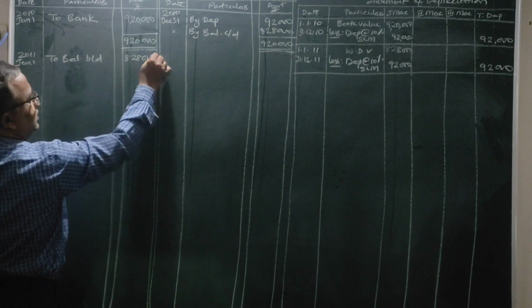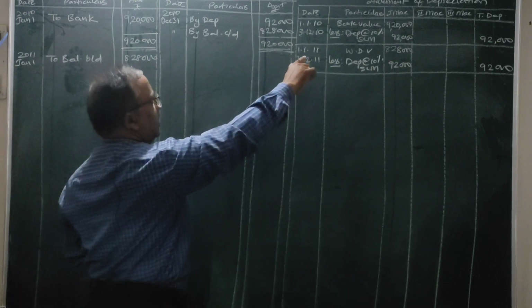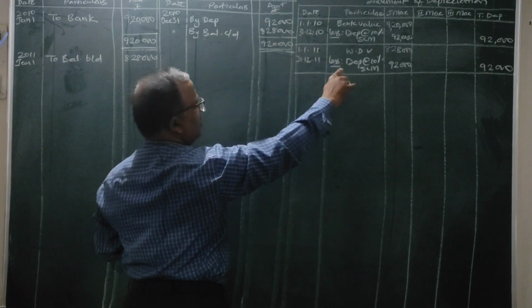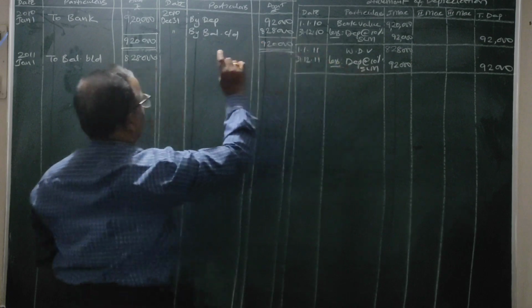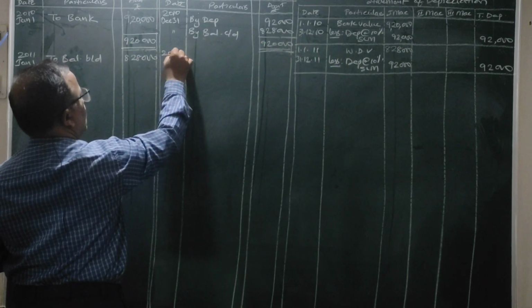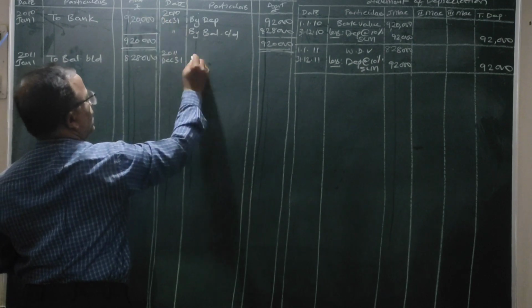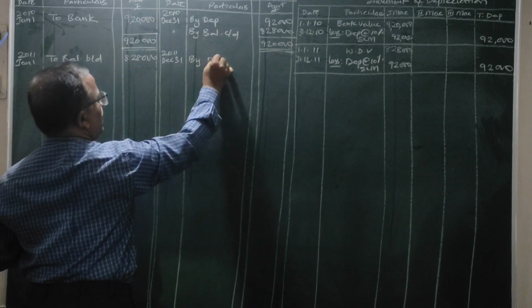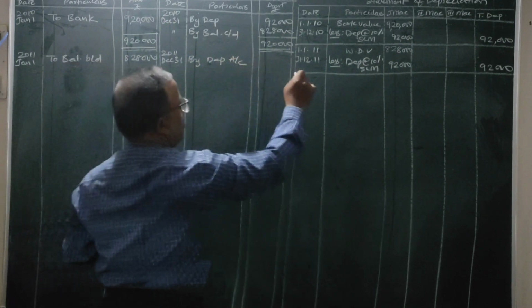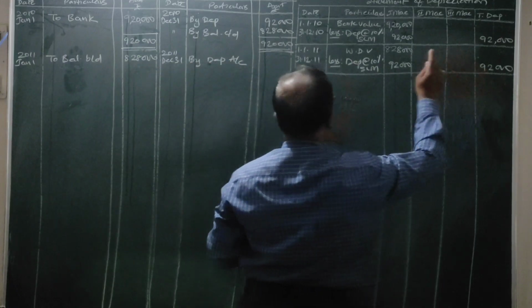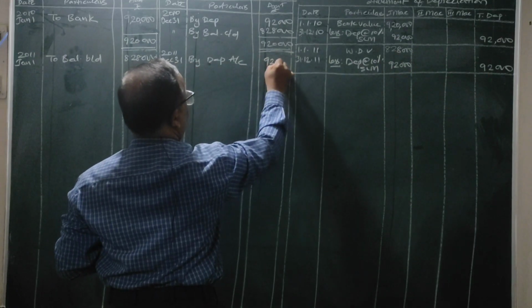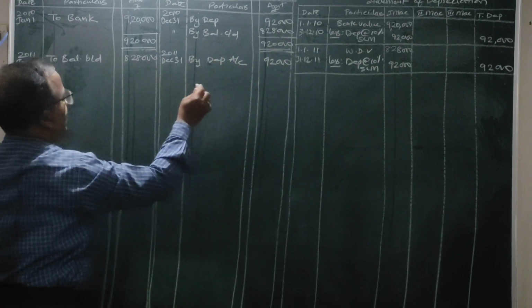8,28,000. Okay. Now observe, again in this year, on 31st December, we have provided depreciation. So once again for depreciation in the year 2011, our entry will be depreciation account debit, so it will be by depreciation account. How much should we provide as depreciation? 92,000. So the year is completed.